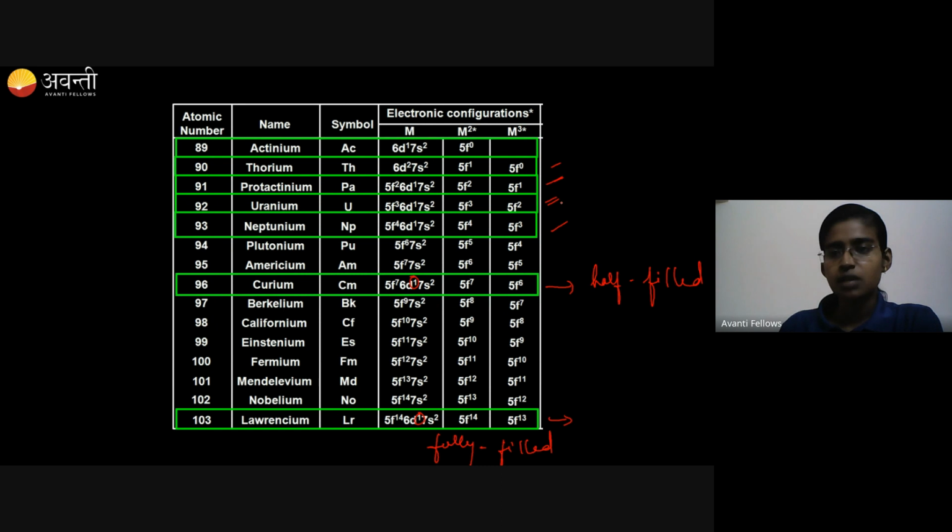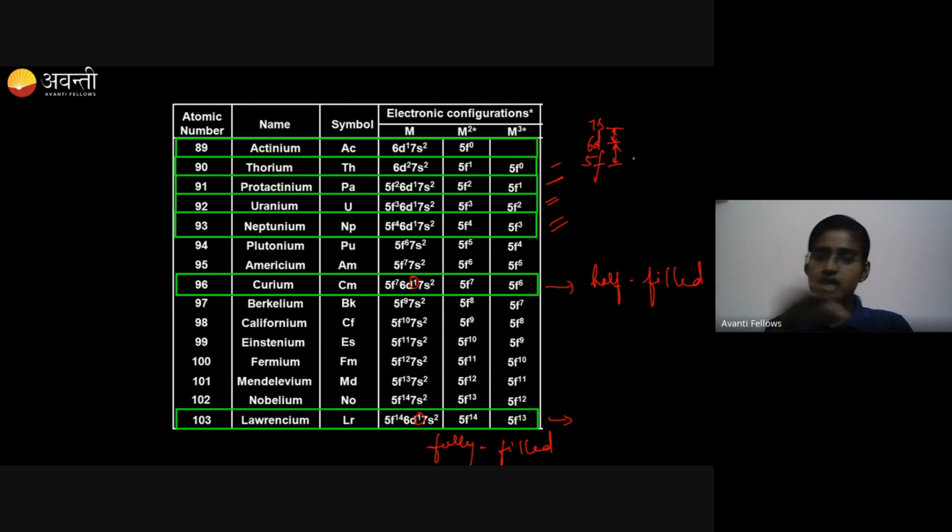For these elements, the electrons jump into the 6d orbital because the energy levels of 5f, 6d, and 7s are very near. They are of very comparable energy levels, very close to each other. So the electron which has to go to the 5f orbital actually enters the 6d, since the energy difference between 5f and 6d is very small.